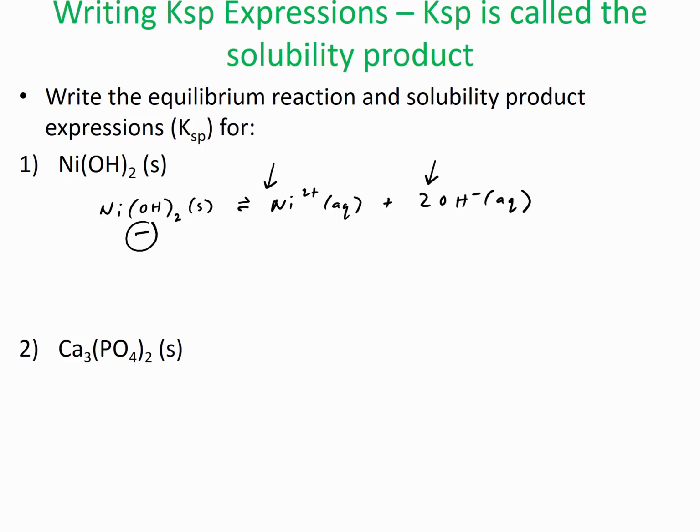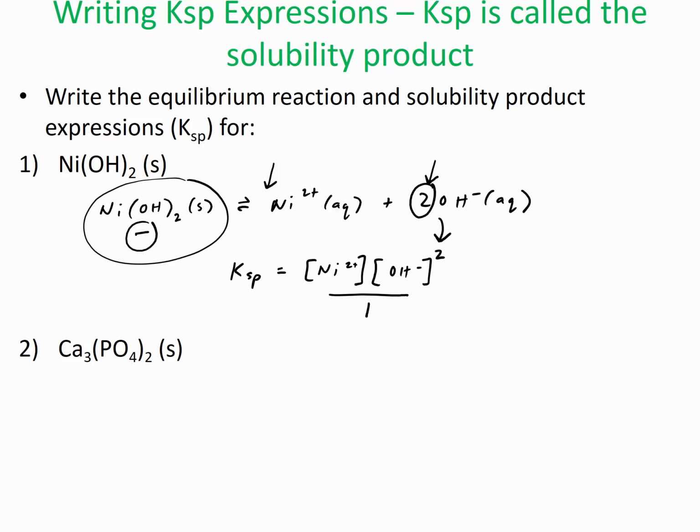So when we write the Ksp, the equilibrium expression, it's products over reactants. So it's going to be the concentration of Ni2 plus times the concentration of OH minus squared, because of that 2. So that's why we square it, over 1, because this is a solid and it's not included.